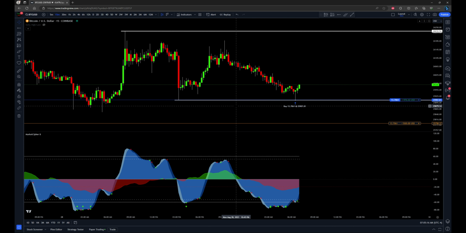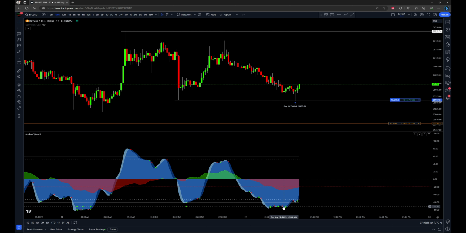Okay, at the same time, I need to see price come down and sweep that level with bullish divergence present on our indicator. So we have a momentum indicator here, an oscillator, this blue wave, and then we have a slower oscillating wave. This is called the money flow wave, at least that's what the Market Cipher indicator calls it. Essentially, as we came down towards this level and started sweeping it, this was a big red candle at the time.